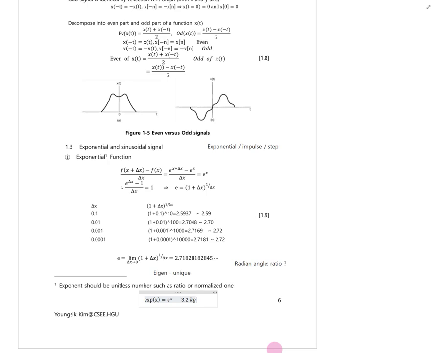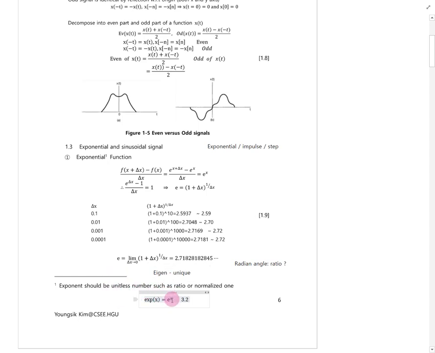We can change that one. If I change that one to 3.2 meters, that is length. Okay, so the unit is important because it provides meaning to the number. But any exponent like this one should be unitless. A unit cannot exist here. Think about why this requirement is important.